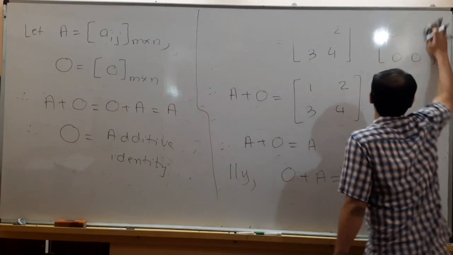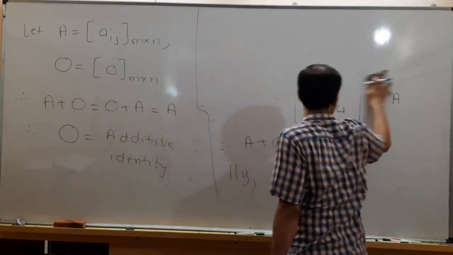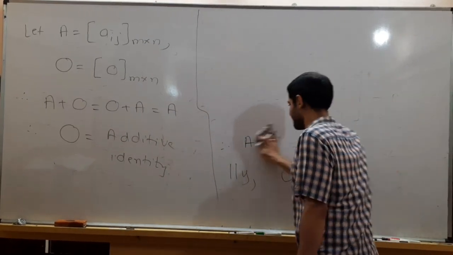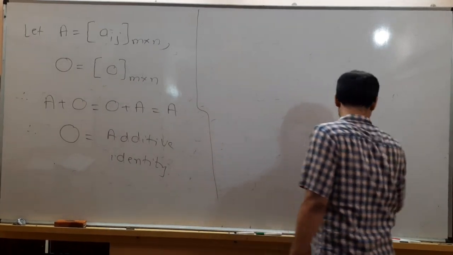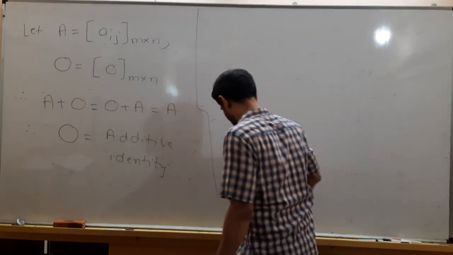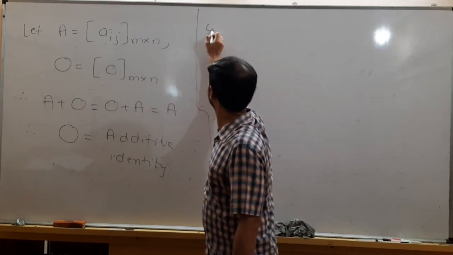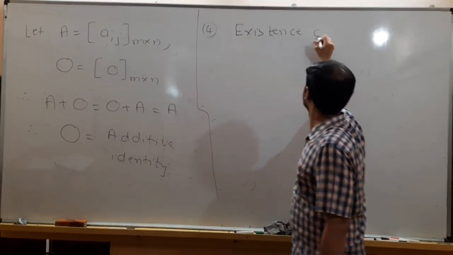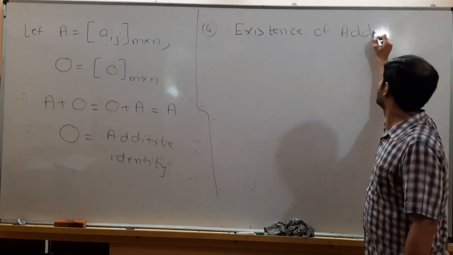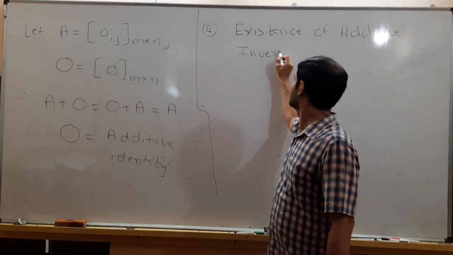Similarly, there is another one, the fourth property of matrix addition, which is the existence of additive inverse.